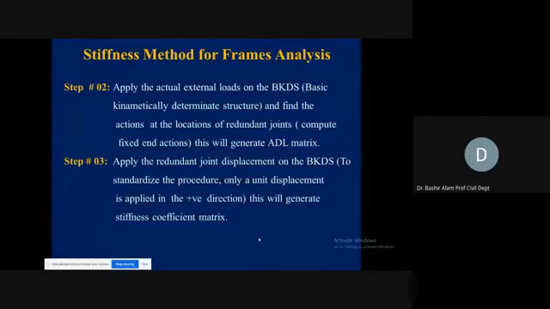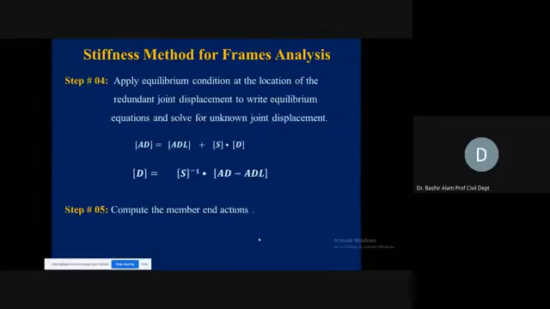When we apply it corresponding to D2, that will generate the second column, and so on. This way we generate the stiffness coefficient matrix. Step number 4, then we apply the equilibrium condition at the location of the redundant joint displacement.